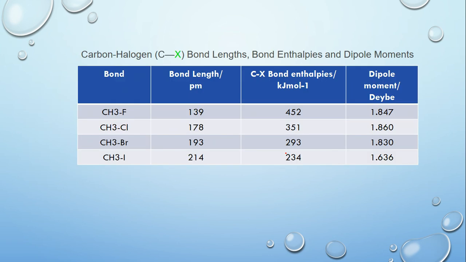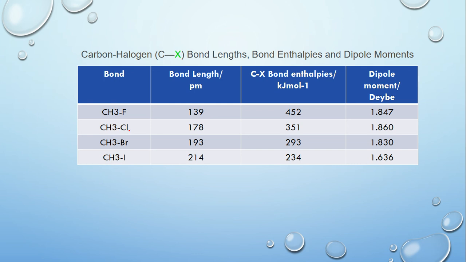This is the table which shows the bond length, the bond enthalpies, and the dipole moment of the carbon and halogen bonds. When we take CH3F, the bond length between CH3 and F is 139.